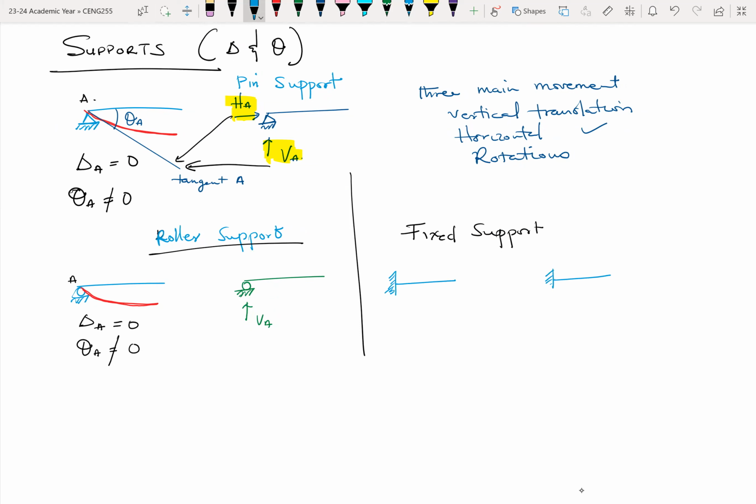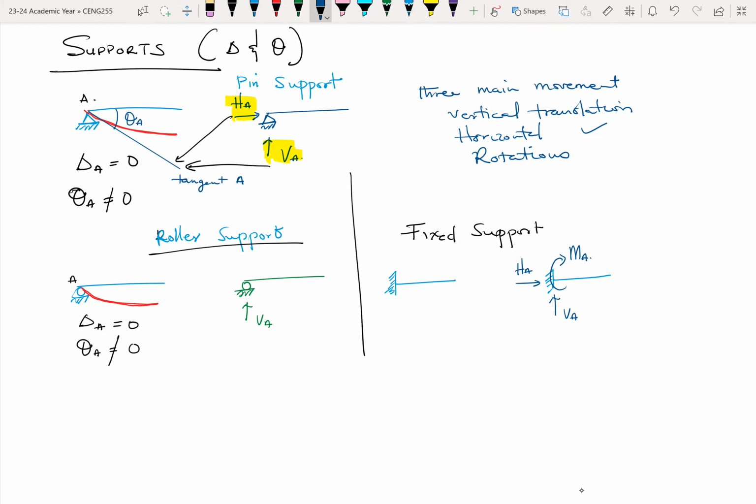In terms of its reactions, a fixed support has how many reactions? It has a VA, an HA, and also an MA. So it means that a fixed support has three reactions.